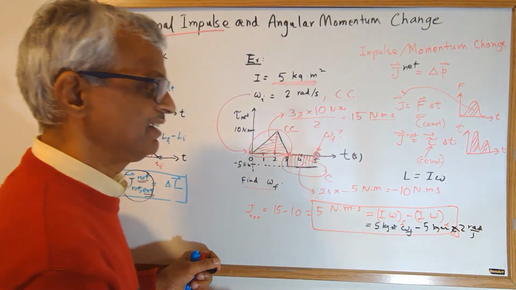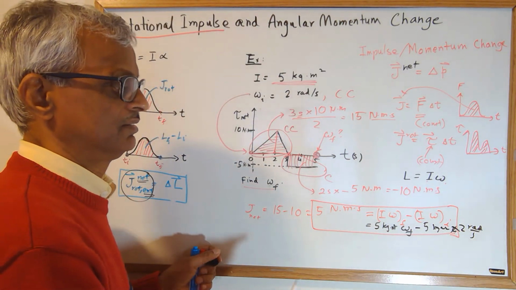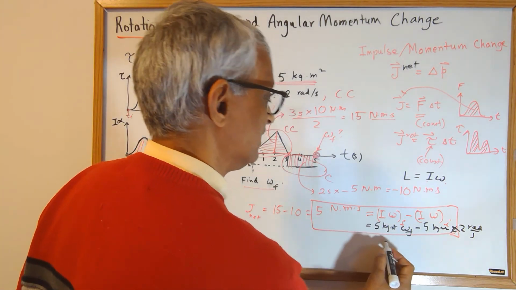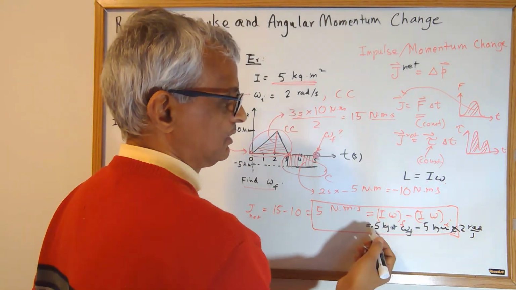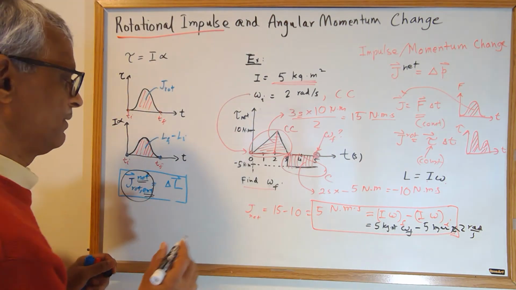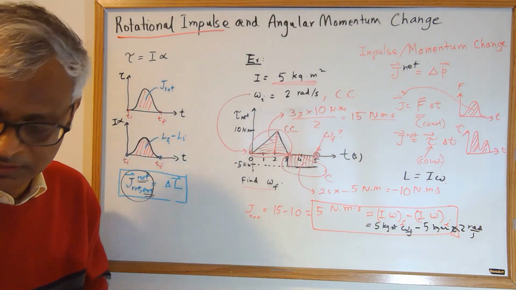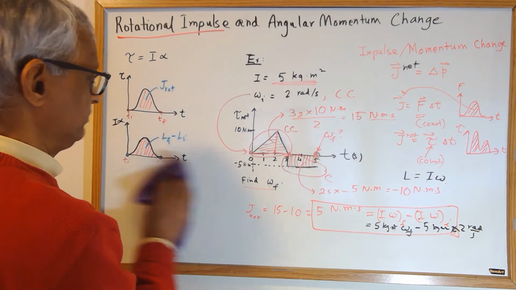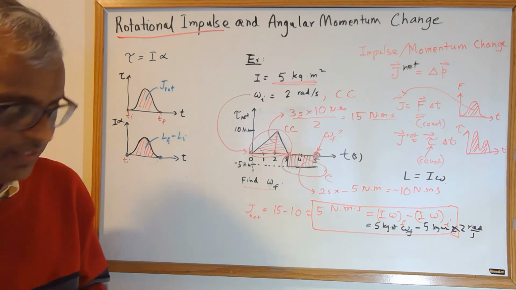See, writing all these units is really pretty stupid. We shouldn't be doing that. Another thing could be that I could have taken I common, right? So this equation can be handled a little bit better than what I've done, but let's not worry about that.